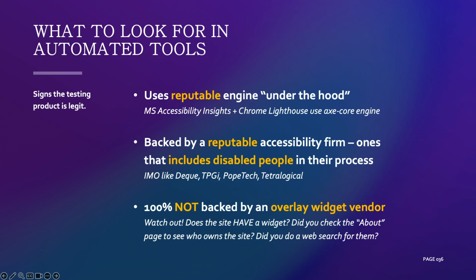So in my opinion, that's Deque. There is a company called TPGi. There's Pope Tech and TetraLogical. That's just a few of them, but those are the main ones that produce tools to be used and that I find reputable. Again, you may not. If you know anything different, you go by that.